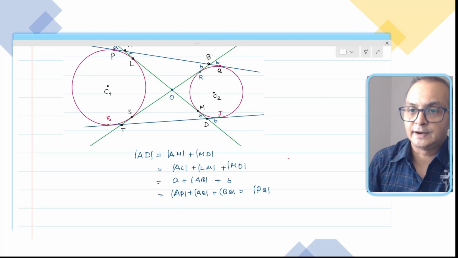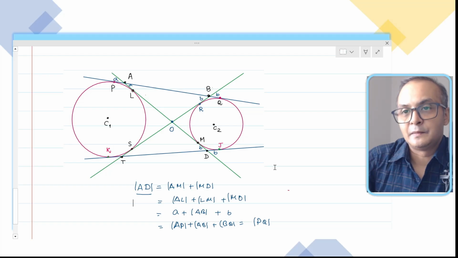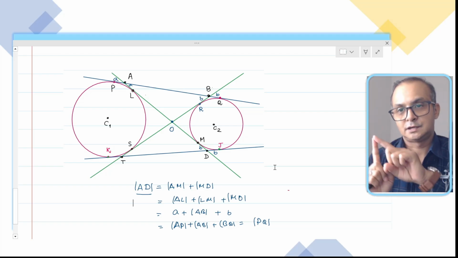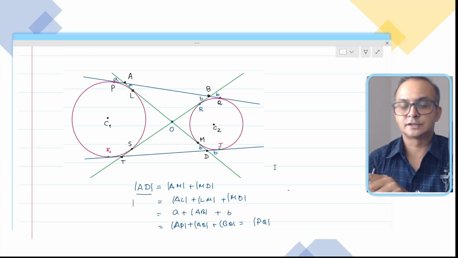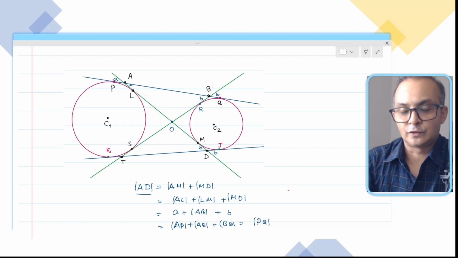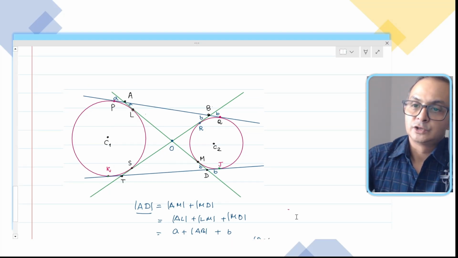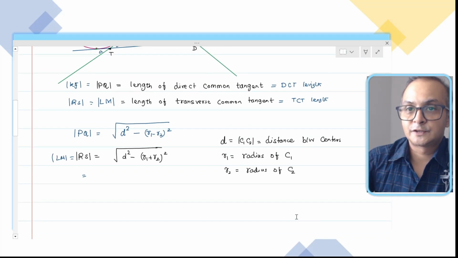So we prove that the AD, the length of the intercept made by the direct common tangents on any of the transverse common tangents, is equal to the length of the direct common tangent itself. So for that, we again use this formula here.